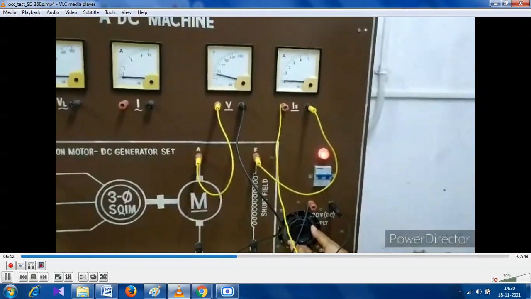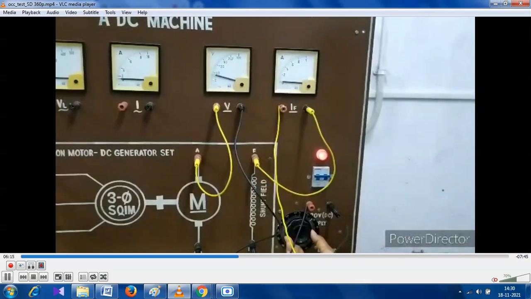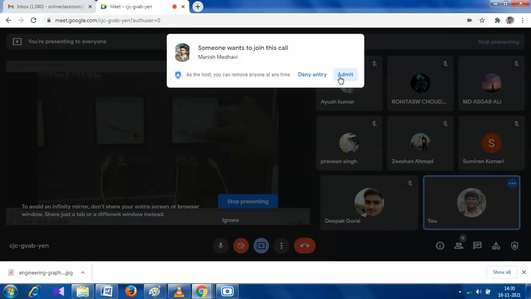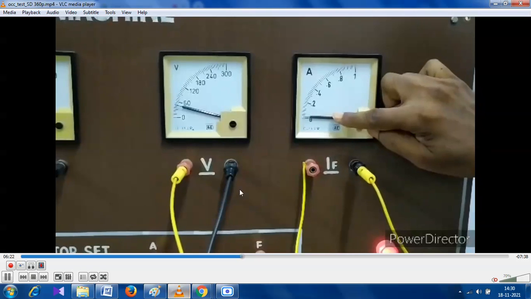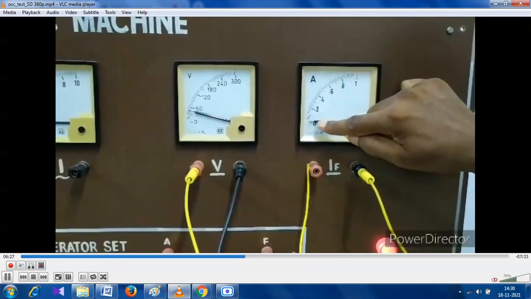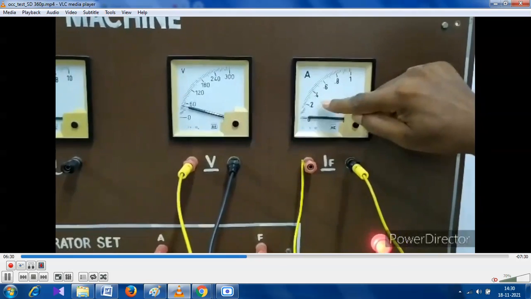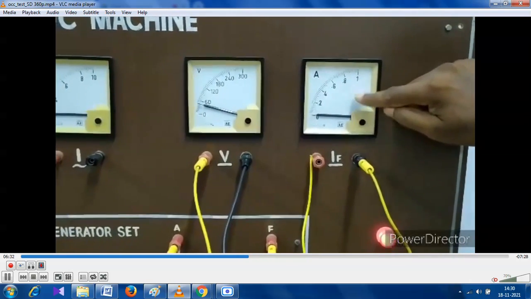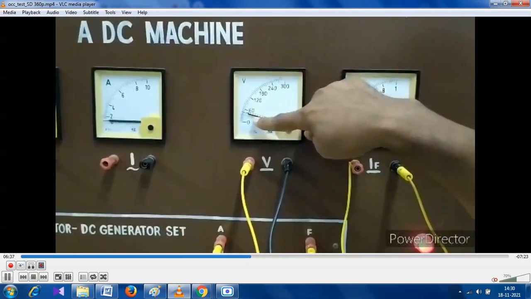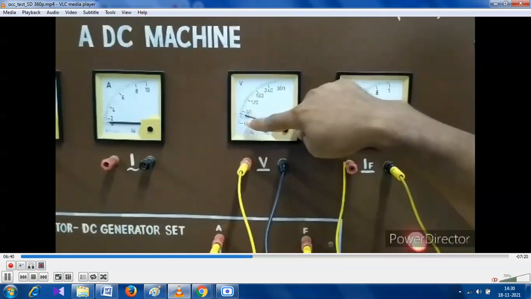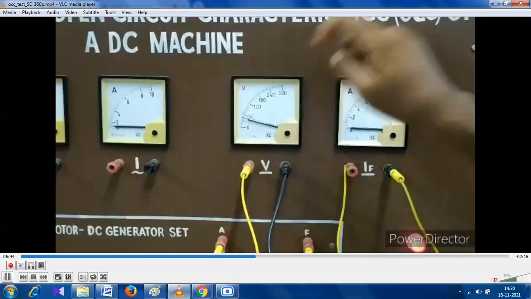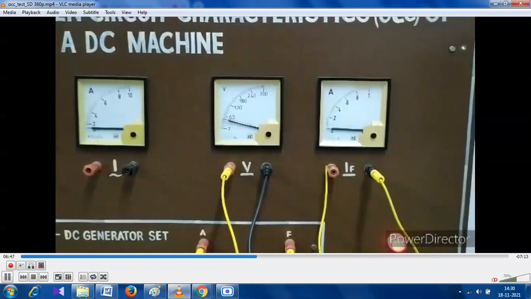After switching on the supply and increasing the voltage of the field supply, we have provided a field current of 0.02 ampere, because what is the smallest division in that ammeter?